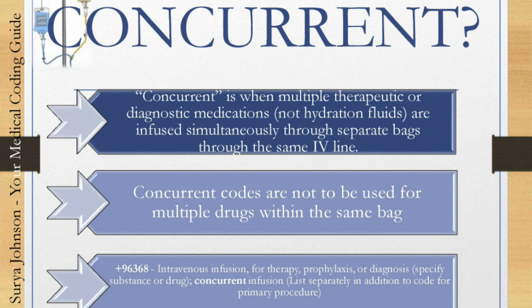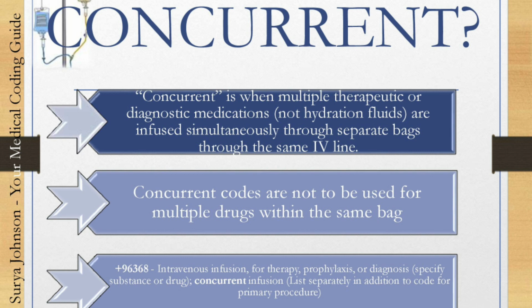In that case, it is called concurrent. Concurrent codes are not to be used for multiple drugs within the same bag. You cannot code each drug separately; it should be considered a together infusate mix. The code here is the 96368 add-on code.